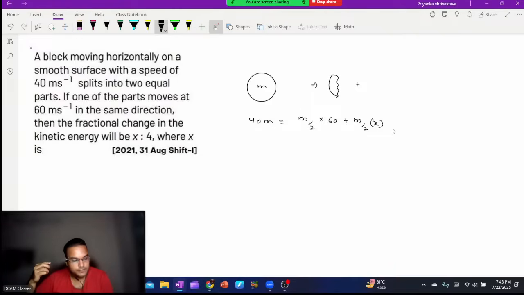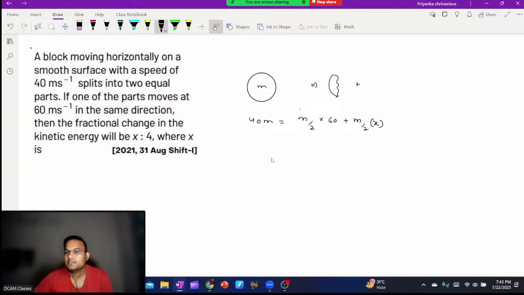Okay. Now what have you done, Shama, here? Half m by 2 into 60 square. So kinetic energy, no sir, they are not asking this.